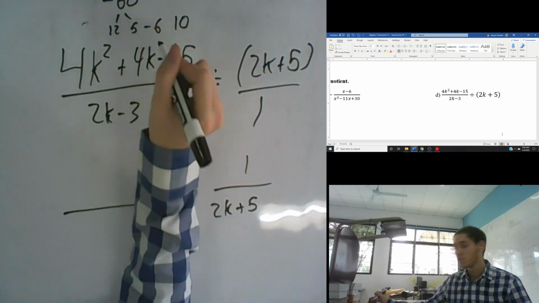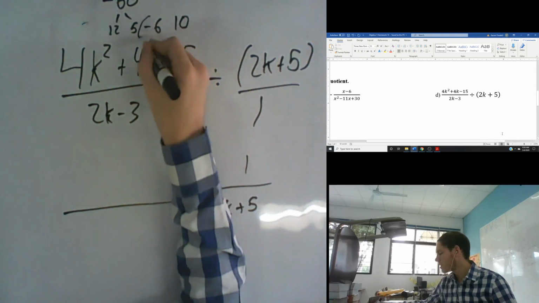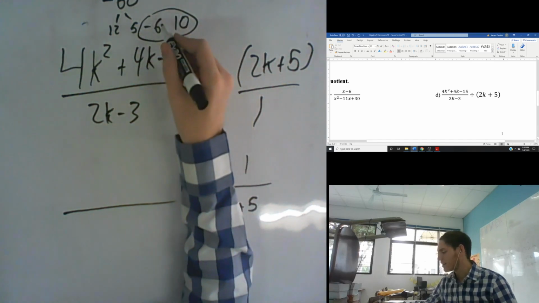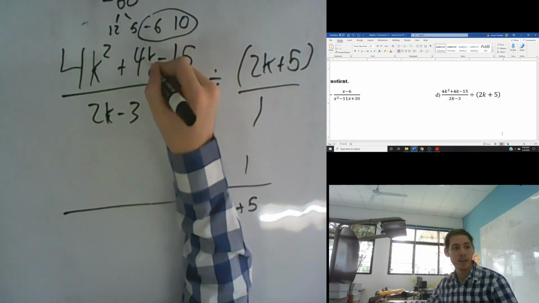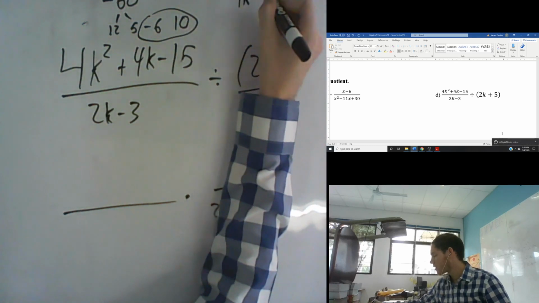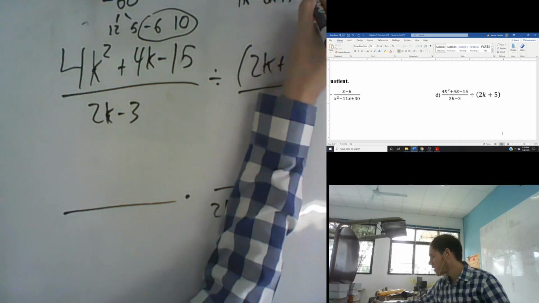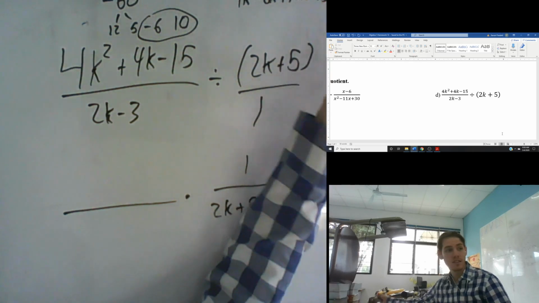It doesn't matter, they're the same answer. A lot of people struggle with this. You need to break the middle into this. So it should become 4k squared minus 6k plus 10k minus 15.